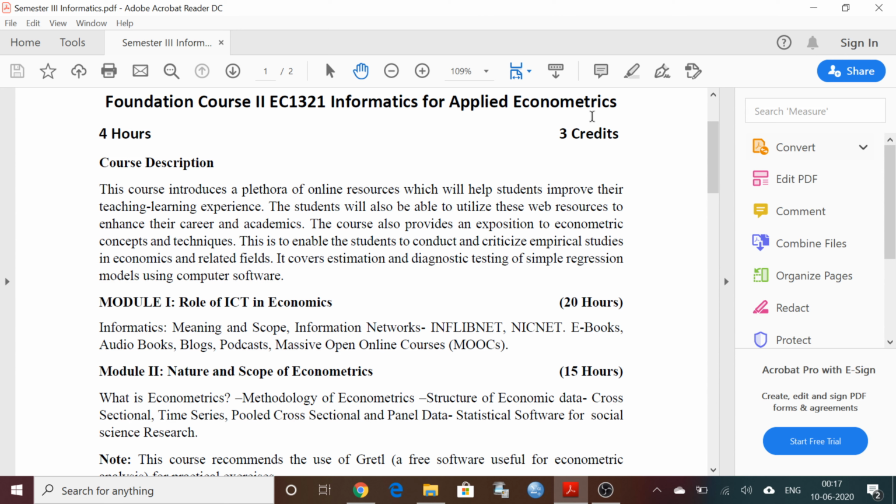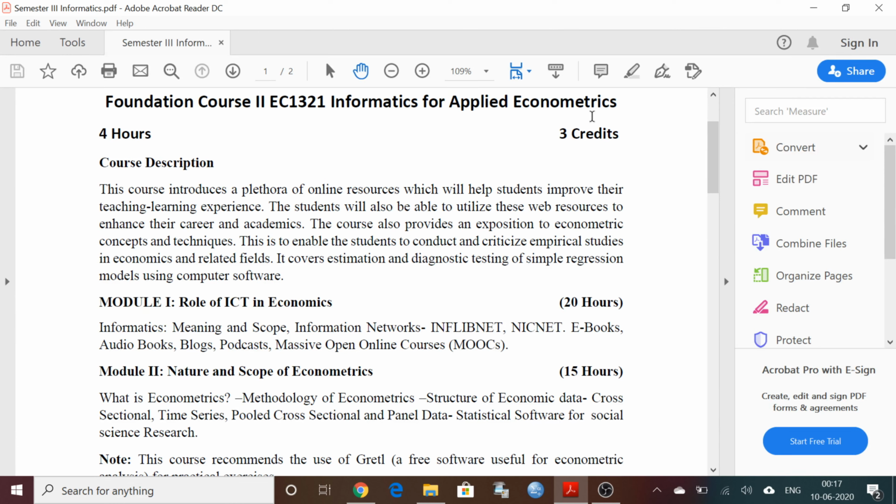It covers estimation and diagnostic testing of simple regression models using computer software. So you can see ICT, you are going to learn information and communication technology in this subject, and how that communication technology can be used in the analysis of econometrics.